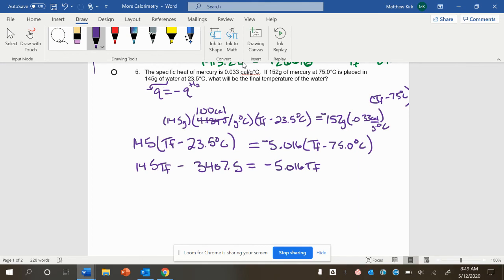Negative 5.016 times negative 75. I get positive 376.2. Now let's group like terms. So let's add that 3407.5 to both sides, and add our TF to both sides.